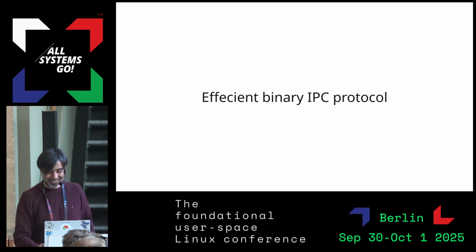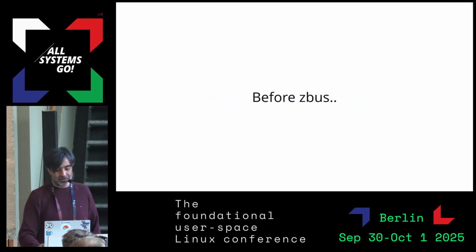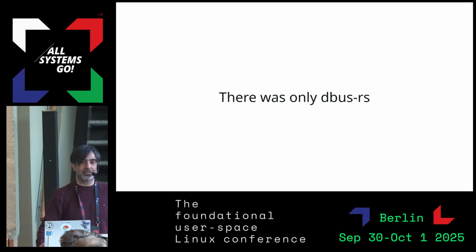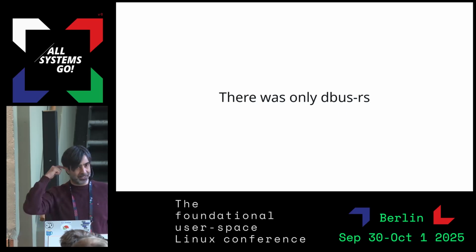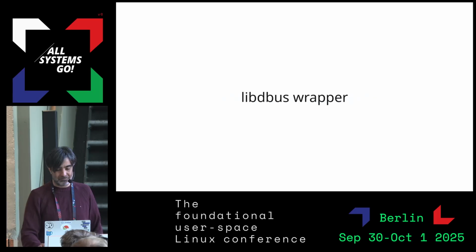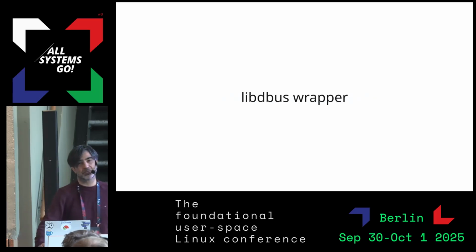But before zbus, if you wanted to do any kind of dbus code or service in Rust, you had to use another library called dbus, or more like dbus-rs, because dbus is the name of the protocol. It was basically a libdbus wrapper.